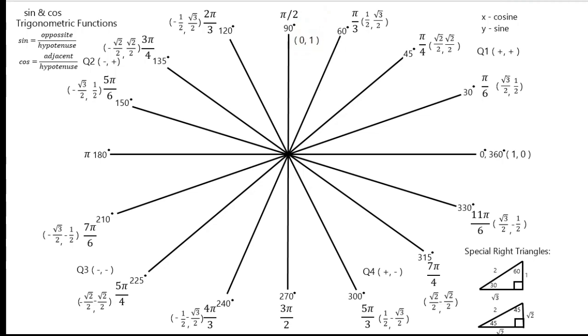So if you type it in the calculator, cosine 90 is 0, sine 90 is 1, when it's in degree mode. And we got this also. And that's pretty much it for those things.